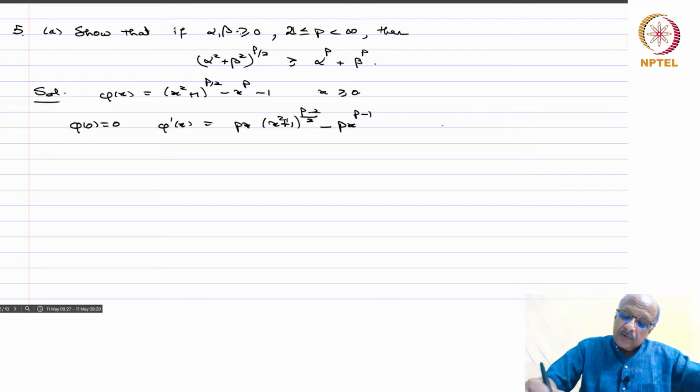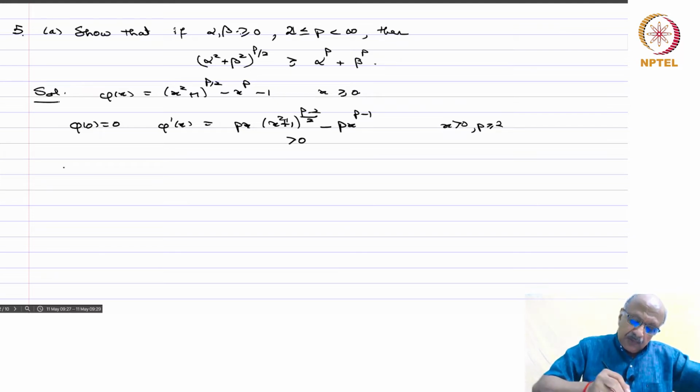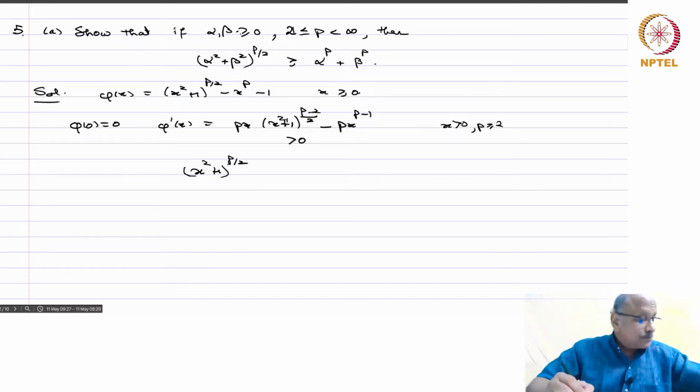If x is positive and p bigger than or equal to 2, this will be greater than 0 if x is strictly positive. So this means that phi is an increasing function. So you have (x^2 plus 1)^(p/2) is greater or equal to x^p plus 1.